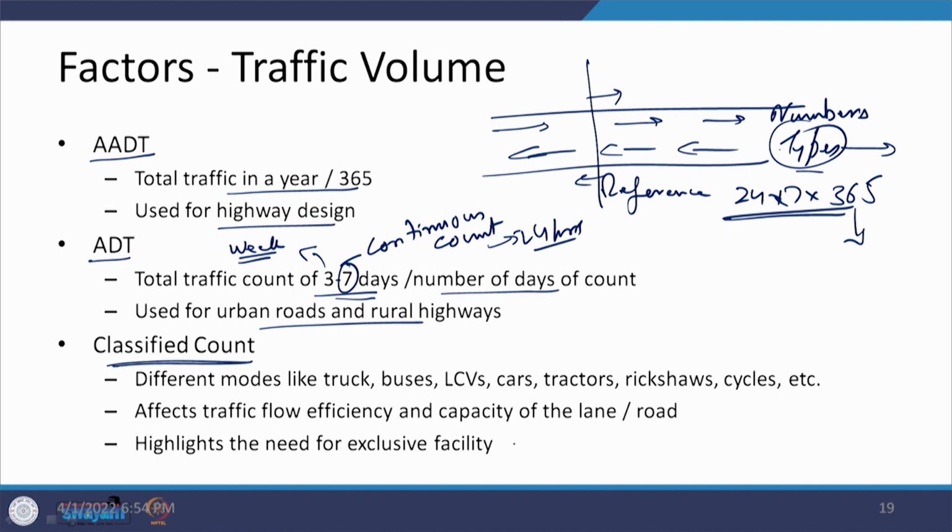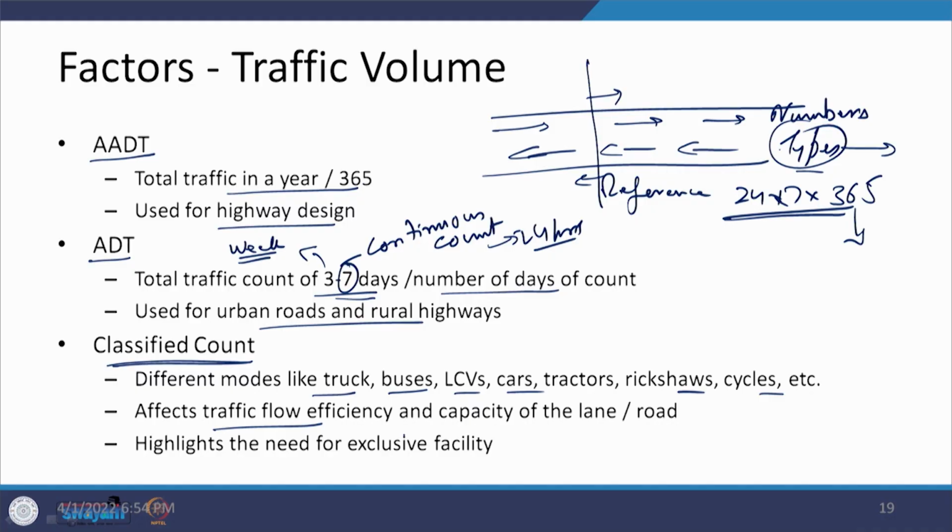We have different categories of vehicle, and all these different categories of vehicles are going to make a difference in different forms, and that is where we have to take into consideration how many trucks, buses, LCVs, cars, tractors, cycles, cycle rickshaws, etc. have passed that area, because their performance is different, their speeds are different, the space which is being occupied by them on a road is different, and that is going to make a difference when we consider traffic in homogeneous units, and this will be the topic of discussion in one of the next interactions.